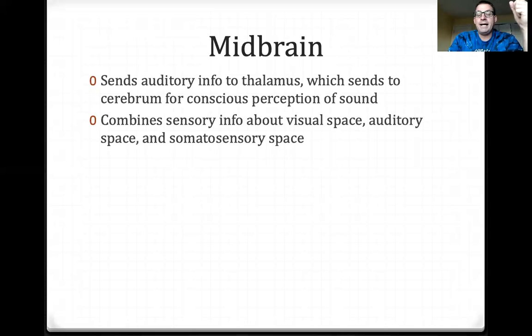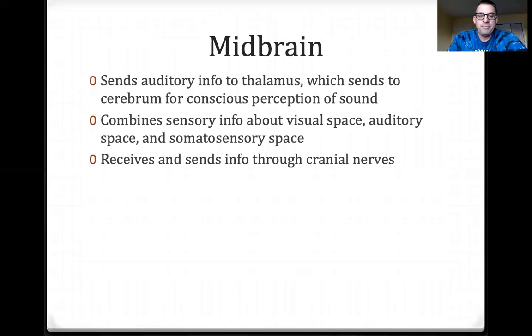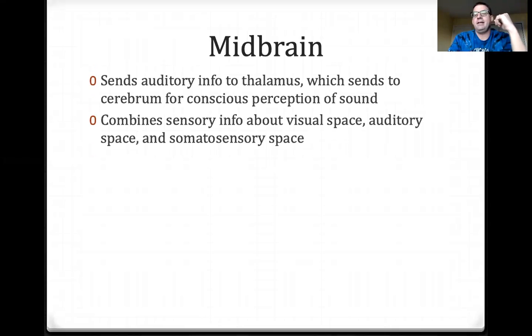The midbrain combines sensory information about our visual space, our auditory space, and our somatosensory space. So what does that mean, right? Say you're walking along and you hear chirping and you see a tree, and then you feel something wet hit your head.